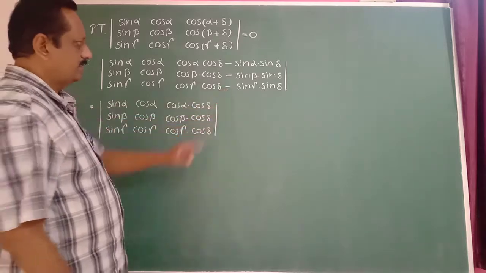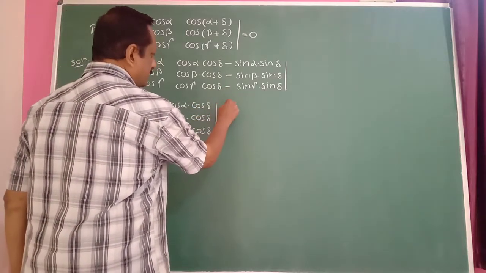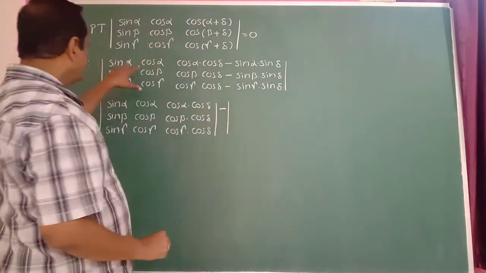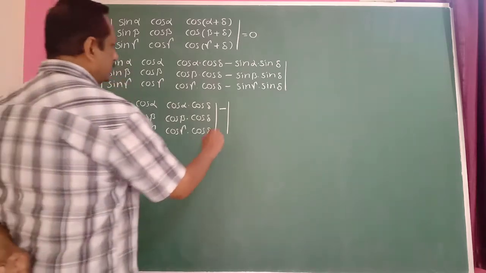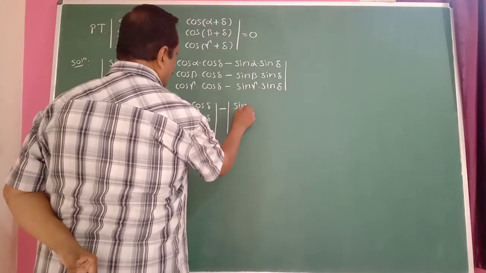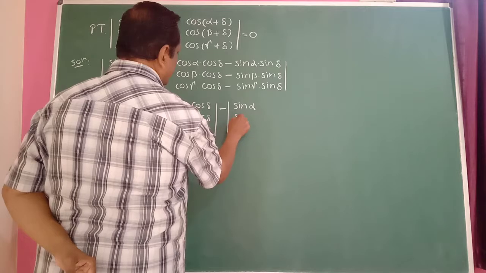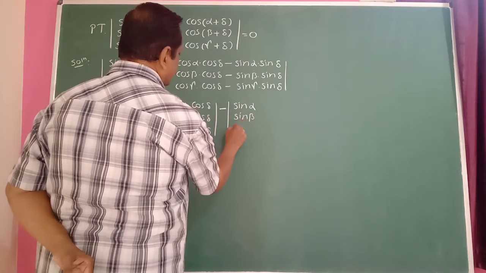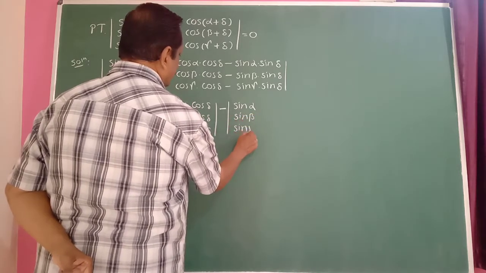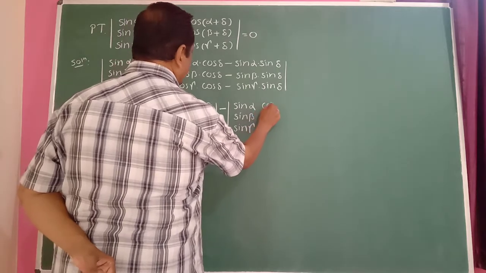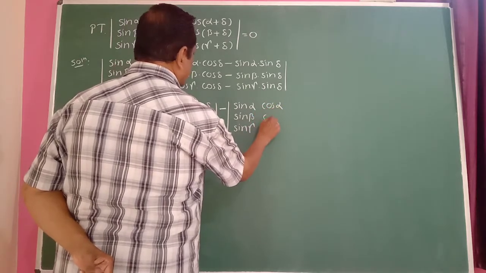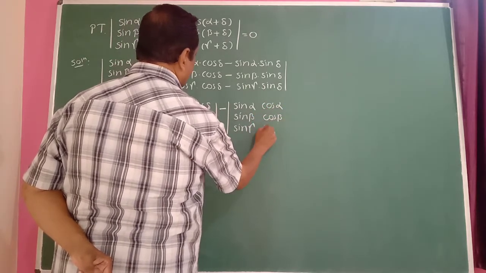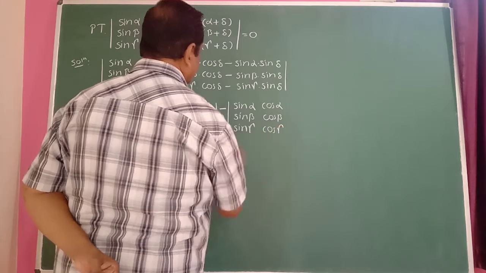Then the minus sign is there, so you can take the minus sign outside, determinant of, again two columns written as they are: sin alpha, sin beta, sin gamma, then cos alpha, cos beta, and cos gamma.